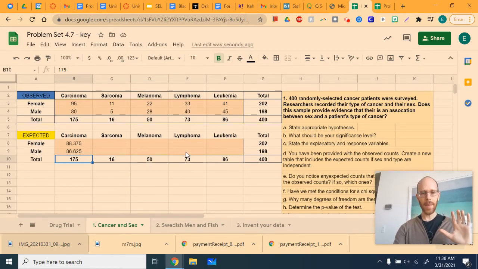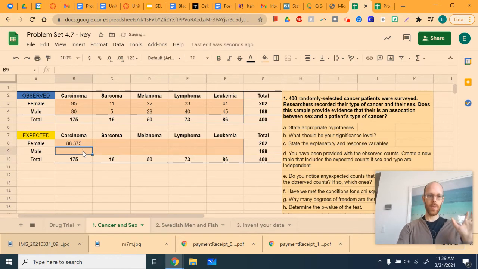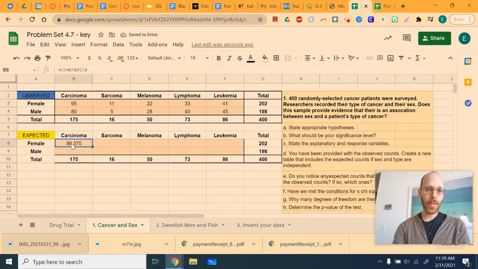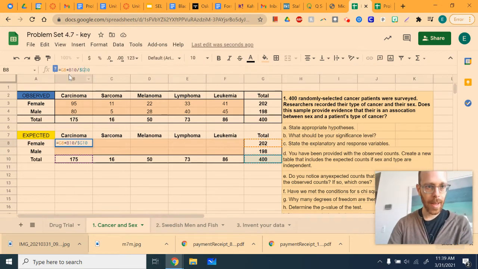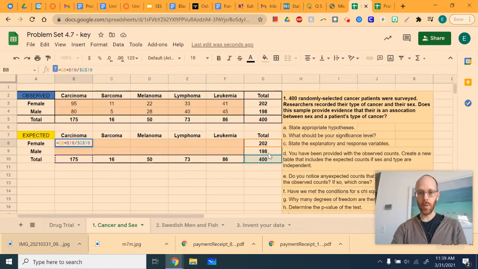There is a shortcut. I'm going to show you the shortcut. It's kind of advanced, so I don't think all of us are going to be into it, but I'll show it to you. For this space right here, you can say, well, I want to hold the 400 constant, the thing in the denominator. I don't want that to ever change, so I'm going to $sign that. And then the first number, G8. G8 is over here. I would like for each one of these cells it either to be the 202 or the 198. So I want to hold the column constant.